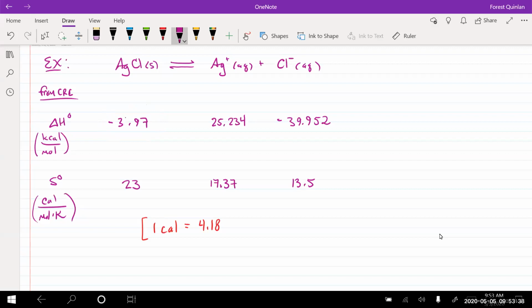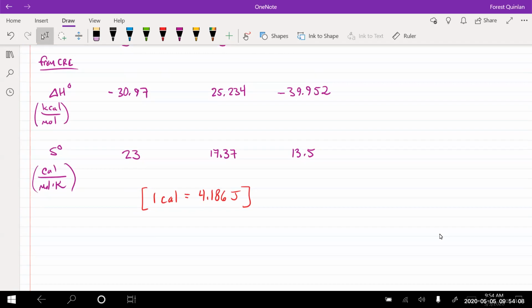That is negative 30. So 1 calorie is 4.186 joules, so that way we can get this all back to joules a little bit later if we need.